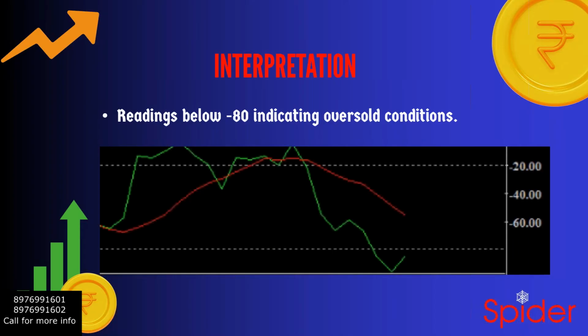But Williams R, like I discussed earlier in the first slide itself, helps you assess where the current price is relative to the range that we have selected. So that's the difference. The use cases for RSI and the Williams R indicator are very different. Okay, sir, I hope you understood the difference between RSI and the Williams percentage R indicator that we are discussing today.